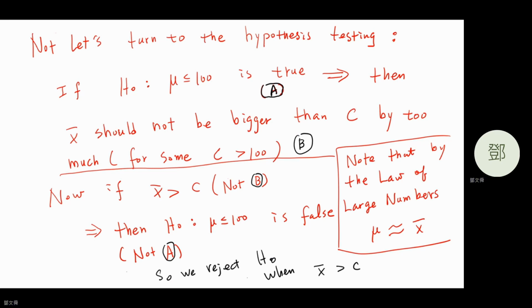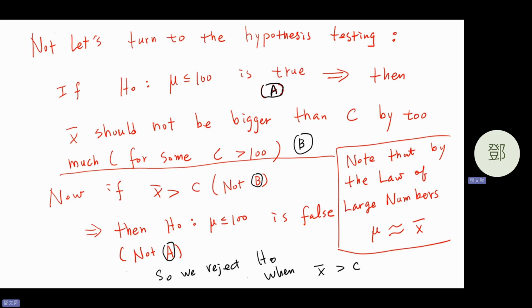Now, conversely, if not B happens, if X bar is too big, then we should conclude not B. Understand? What is not A? Not A means that H0 is false. Because not B occurred, not B implies not A. This implies H0 is false.